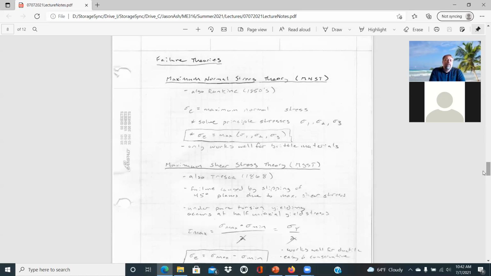And these failure theories that we're going to be discussing then relate to solving that equivalent uniaxial stress. And numerous theories have been proposed over the years. There's 3 that commonly show up in your textbooks.